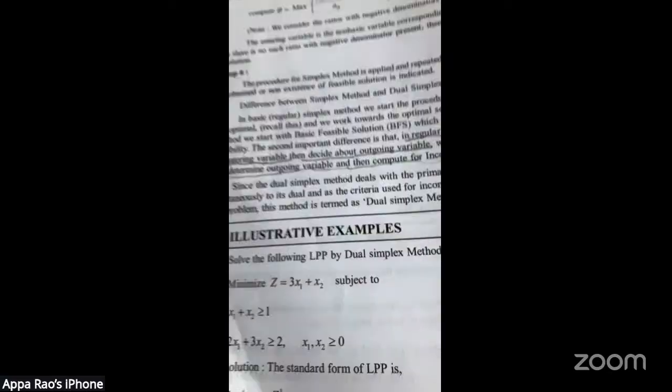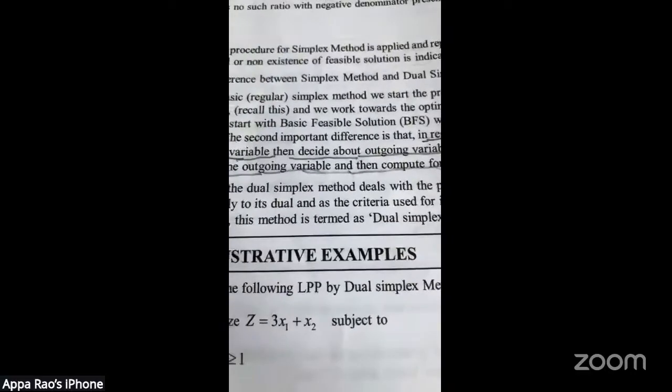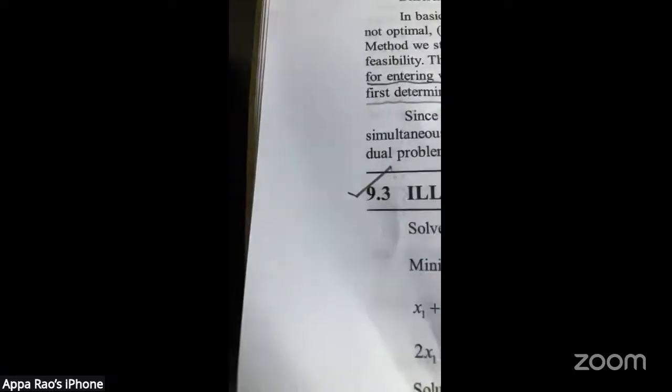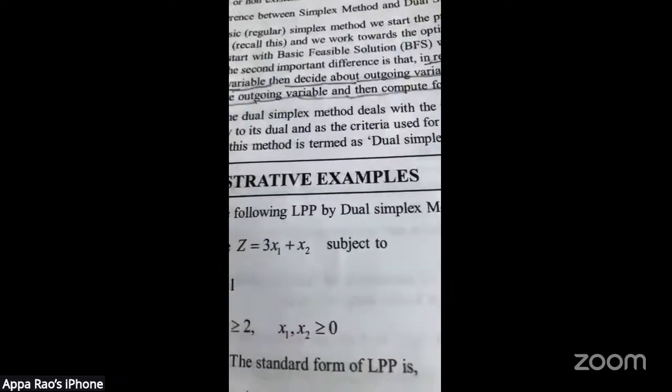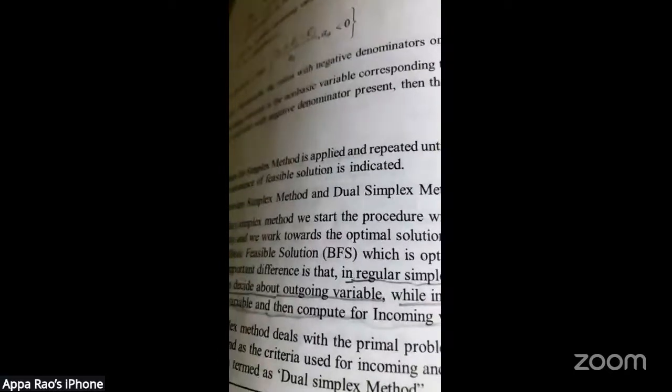The dual simplex method is most important for 20 marks problems. In theory, see page numbers 100 to 108. The illustrative examples are most important: solve the following LPP by the dual simplex method.